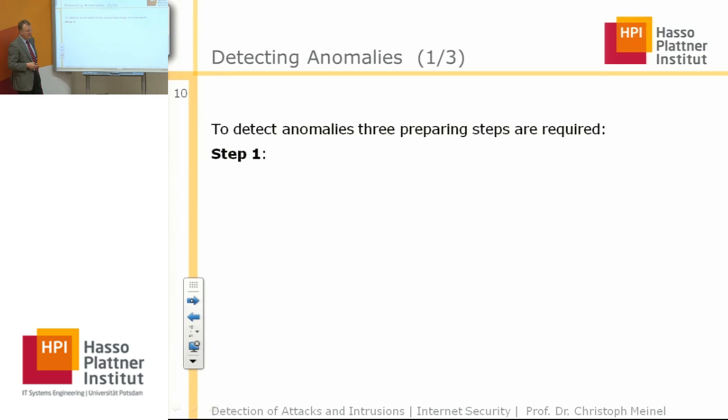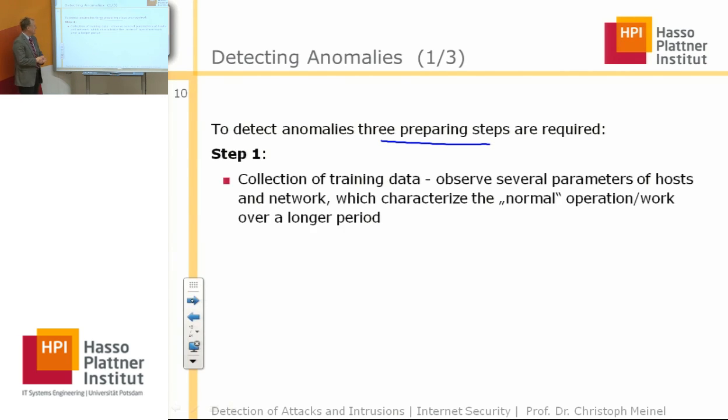How can such anomalies be detected? To detect such anomalies, the system has to do different steps. It has to do three preparing steps. The first step is that training data are collected. The system needs to understand the usual behavior and the usual characteristics. And of course, each computer is used in a different way. It depends on the user, it depends on the applications that run, it depends on the type of application.